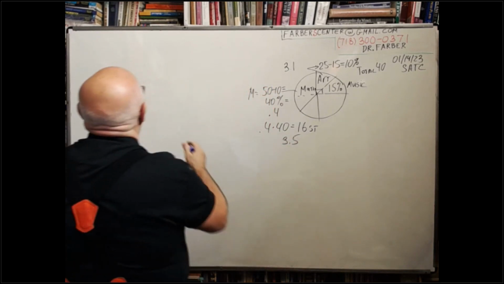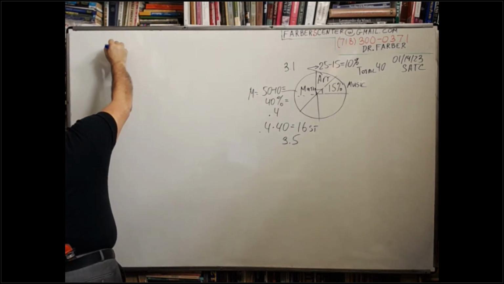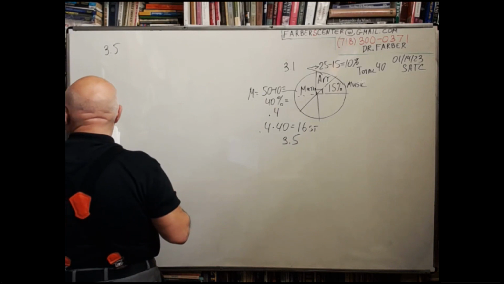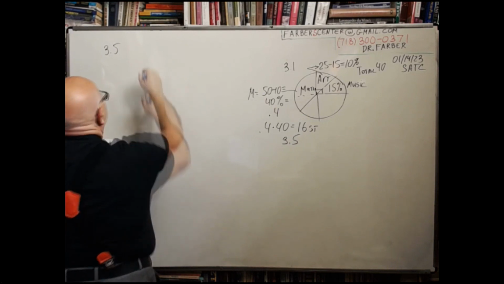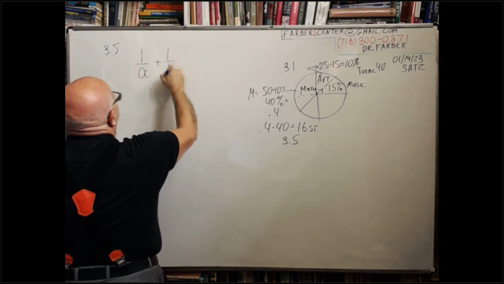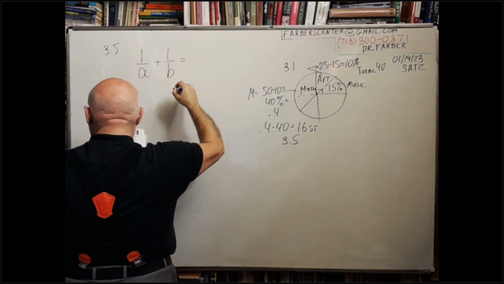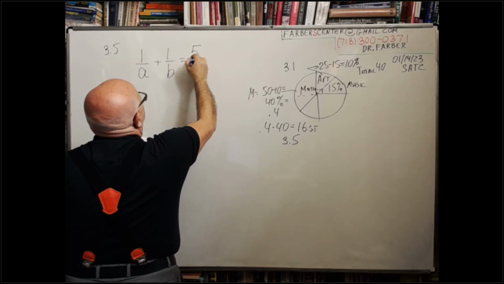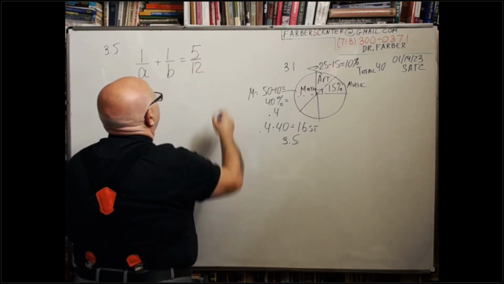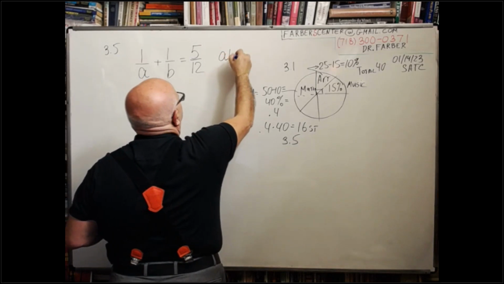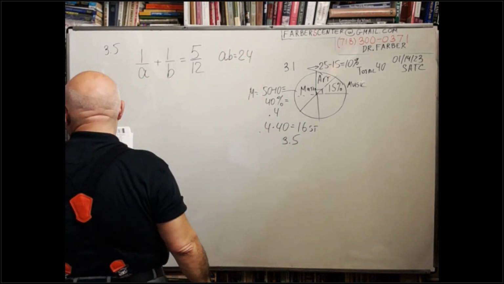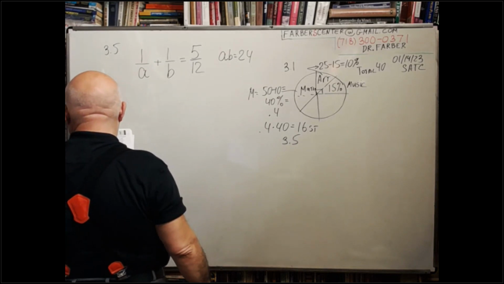All right, here, 3, 5. 1 over A plus 1 over B, a more convenient way, equals, what is it, 5 over 12. This is given. In addition, AB equals 24. What is the value of A plus B?